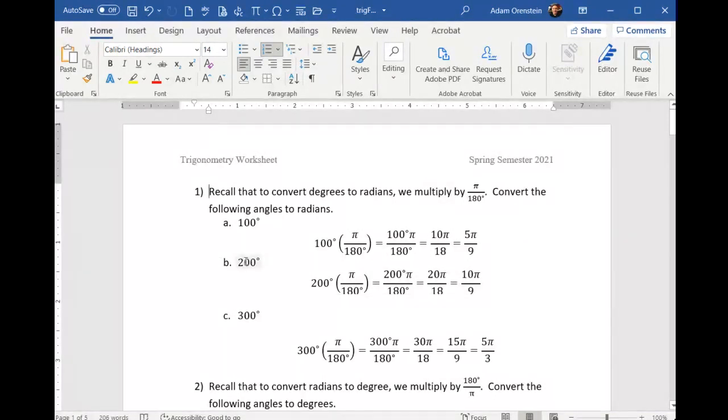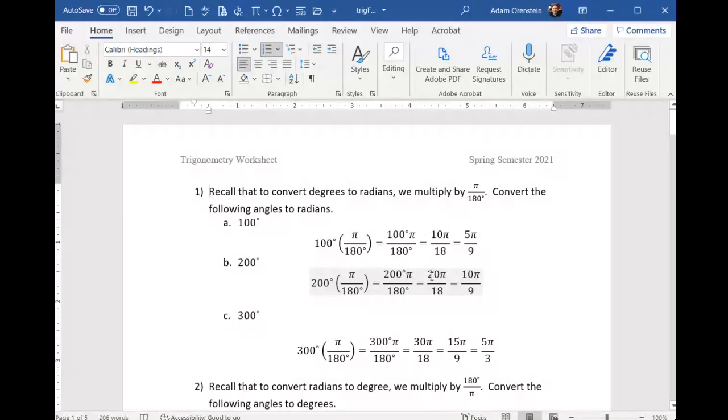For 200 degrees, we have 200 degrees times pi over 180 degrees. Same thing, we're multiplying by pi over 180 degrees.